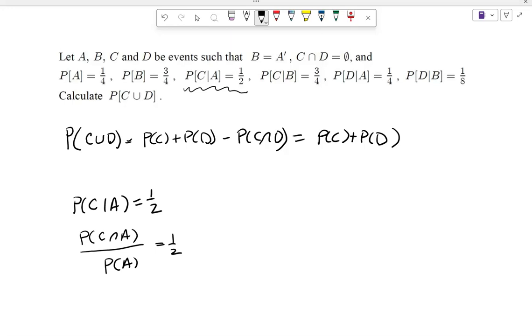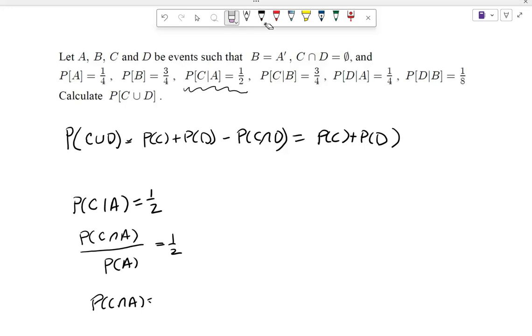We agree? So far, so good? All right. Do we know probability of A? Yeah, they told us it's 1/4, right? So what's the probability of C intersect A going to be then?